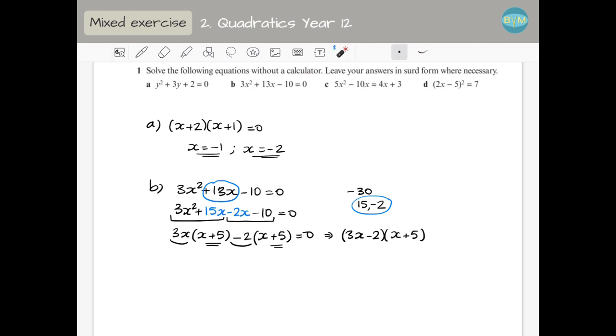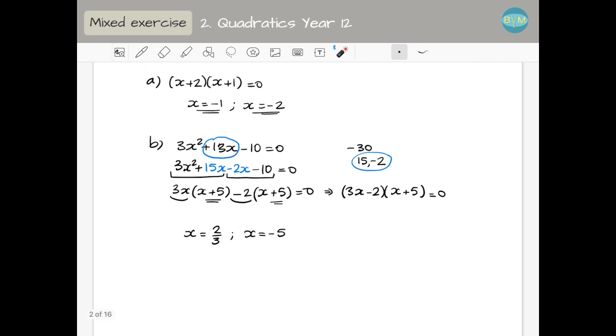Because when I expand the bracket, I will have this one multiply this bracket, this one multiply this bracket, like I have here. So my solutions are going to be first bracket equal to 0, which is 2/3, second bracket equal to 0, which is minus 5. I'm doing this bracket 0, this bracket 0.